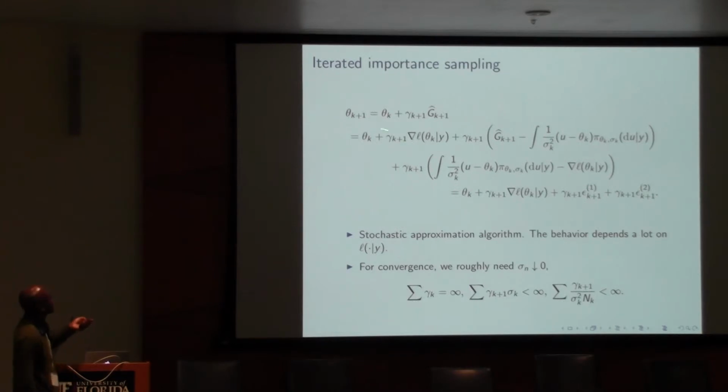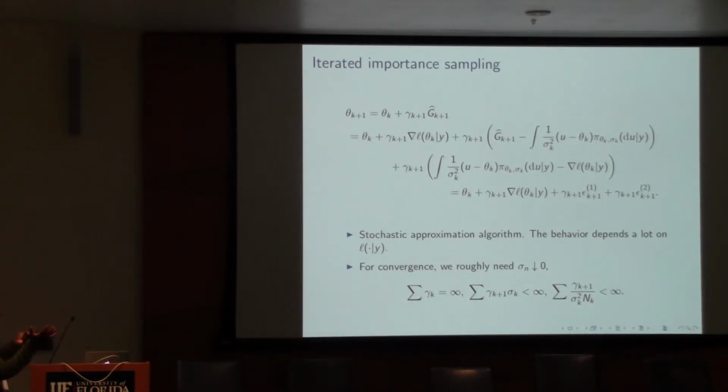Of course, you could rewrite this by saying that theta k plus 1 is theta k plus the gradient plus the error terms. We have two error terms: the approximation of the gradient, and the lemma that I presented earlier, the fact that this term is approximating the exact gradient.